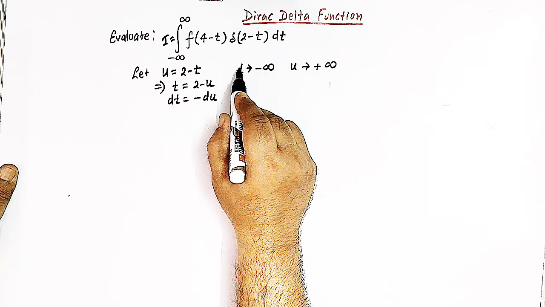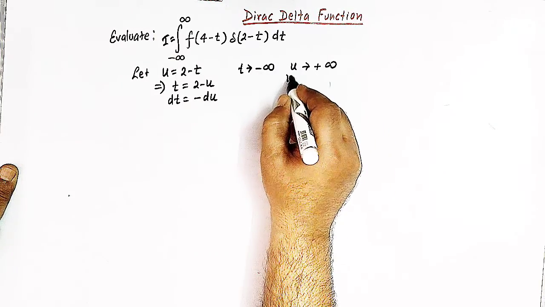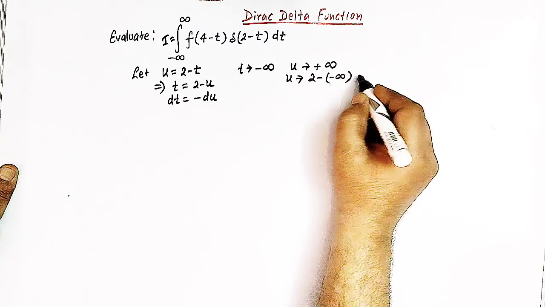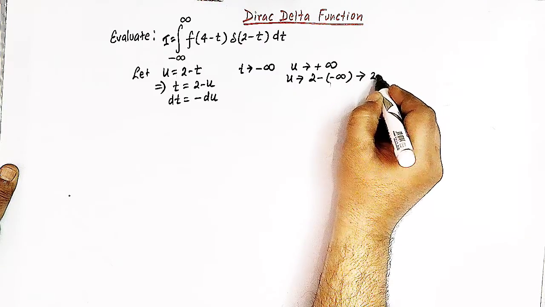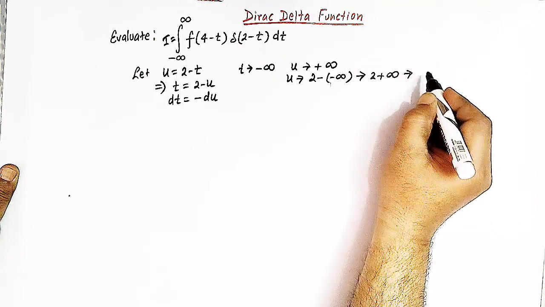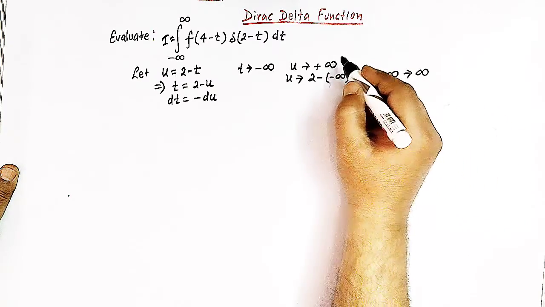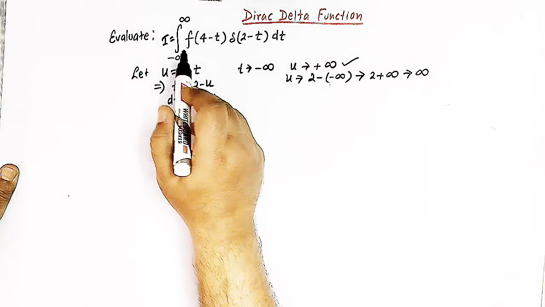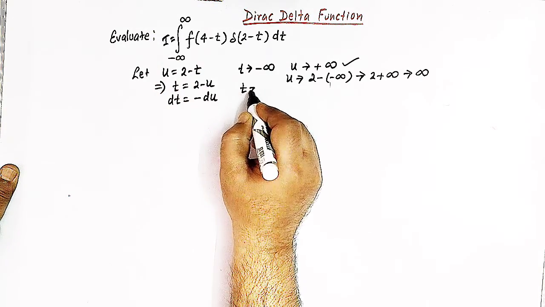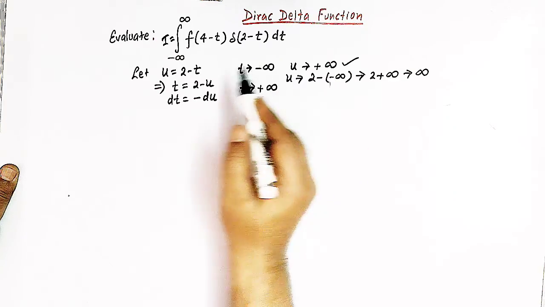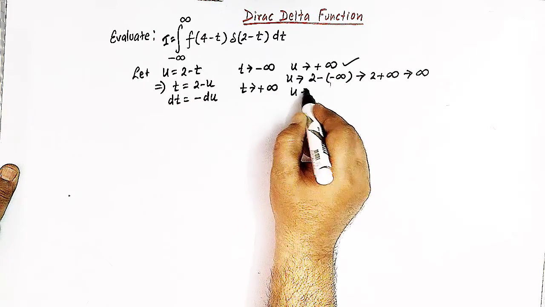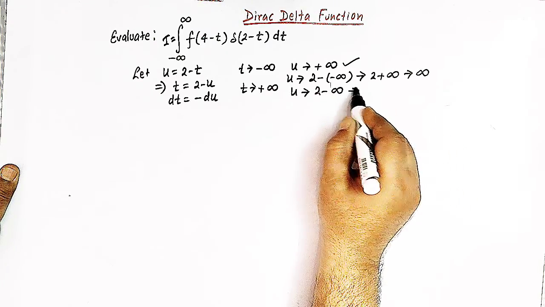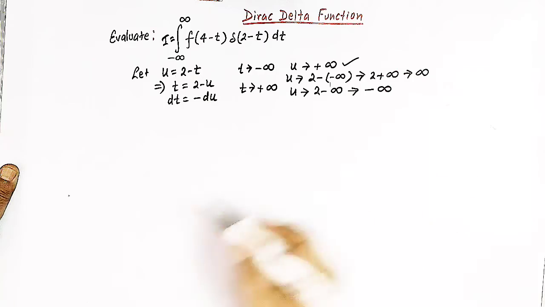So when t tends to minus infinity, u tends to 2 minus negative infinity, that is 2 plus infinity, which tends towards infinity, right? Similarly, when t tends to positive infinity, u tends to 2 minus infinity, and 2 minus infinity tends to minus infinity, right?